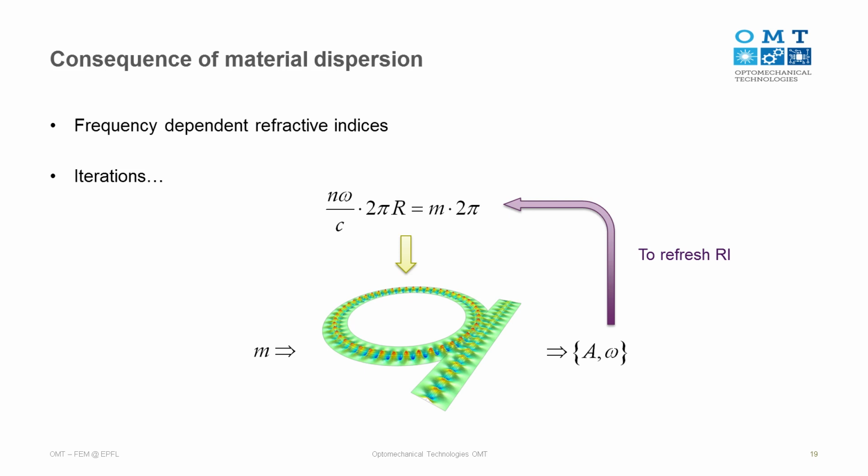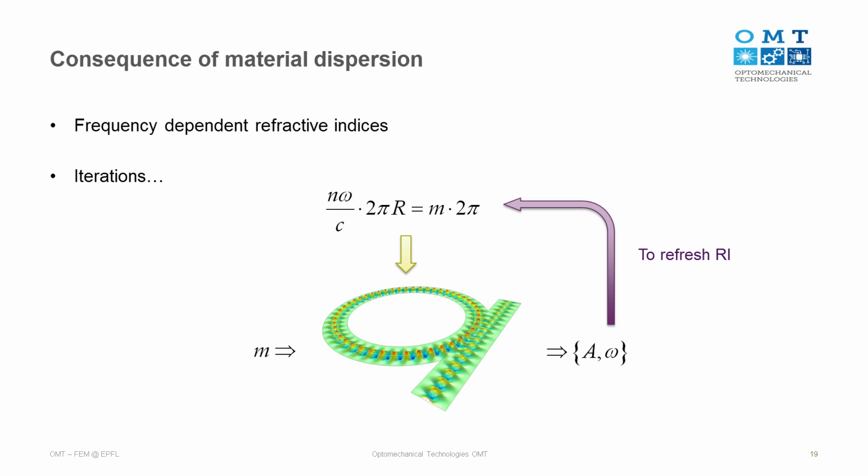But in return, the frequency will come up and then refresh the index again. So this problem eventually leads you to do different iterations. I mean, you need several iterations to locate the mode very precisely, okay? Because you set the index and then it gives you the frequency, but the new frequency will give you a new index, so you do it again and again and again. So iterations, pretty clear.